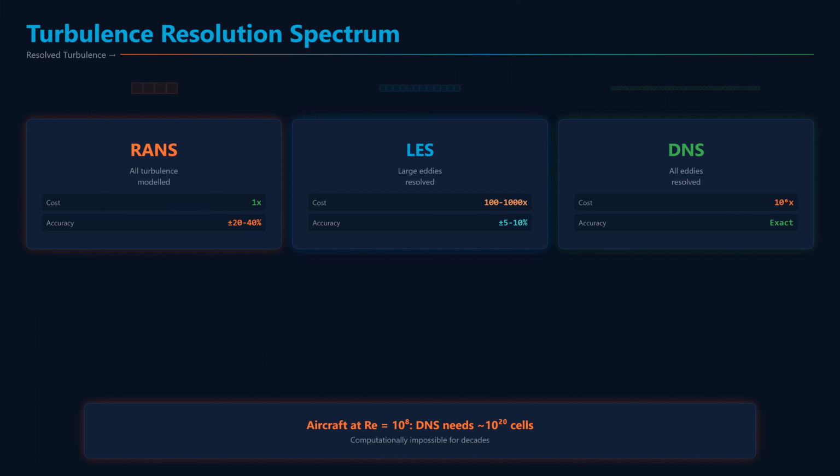LES resolves large energy-carrying eddies and models only the small ones. Far more accurate for separated flows, but LES costs 100 to 1000 times more than RANS. An 8-hour RANS job becomes 8,000 hours in LES, and while resolved LES at high Reynolds number scales as Re to the 2.4. Every order of magnitude multiplies cost by 250.